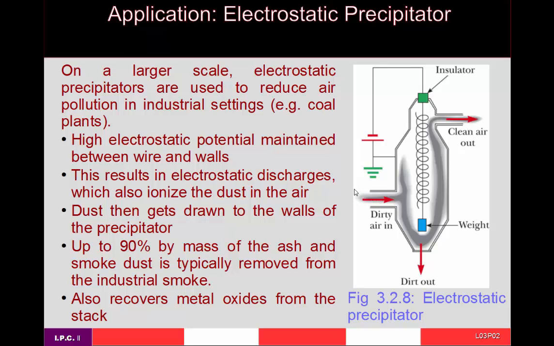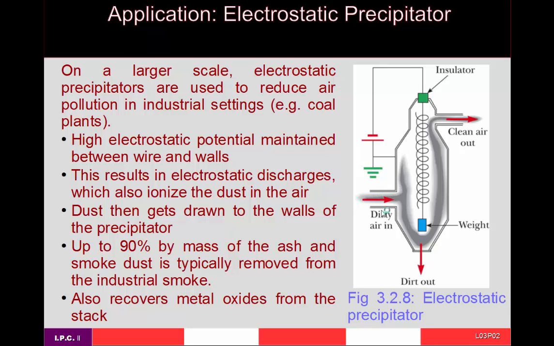Your soot and dust particles, dirt particles, whatever it is that you're sticking in the air from the factory, pass through this wire and pick up a bit of a negative charge. And the basic result of that is they end up being attracted to this grounded area that is the walls of the smokestack.